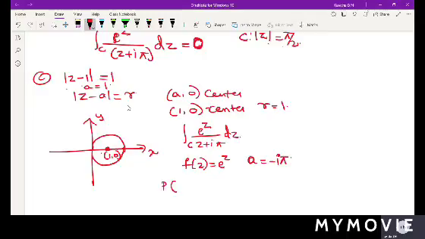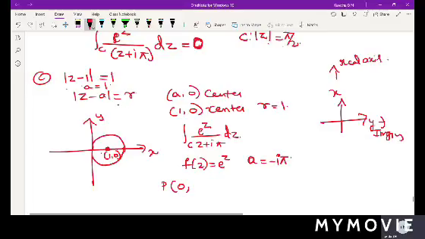Then the point is here: y is the imaginary axis, and the x axis is the real axis. So the point (0, minus π). Then check whether (0, minus π) lies inside the circle or outside the circle.